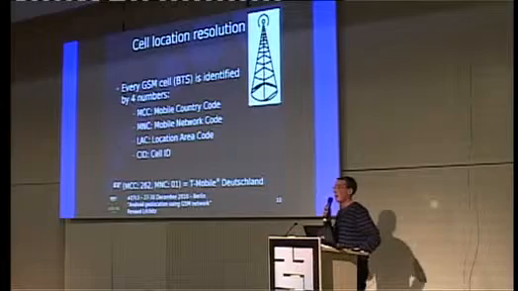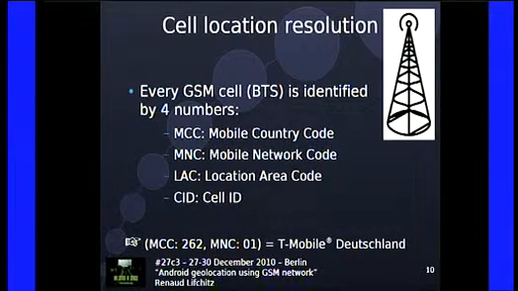So how does it work? How can you locate yourself using GSM? You have to know that every GSM cell, every BTS, which means base transceiver station, is identified by actually 4 numbers. First number is MCC. MCC stands for Mobile Country Code. This is the country code you are in. These are normalized codes, which are not the prefix you dial on your phone.